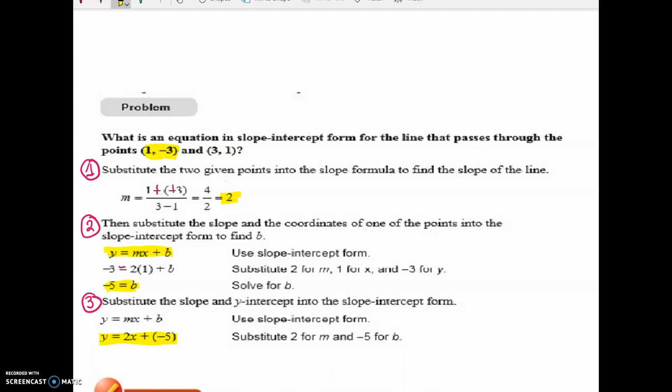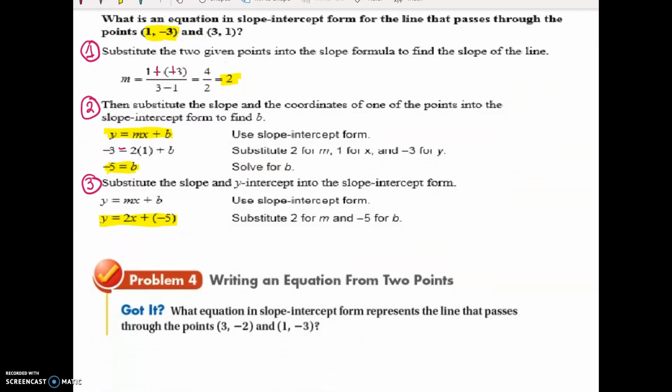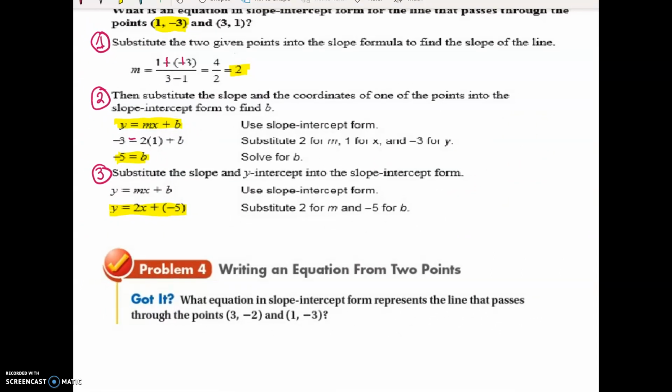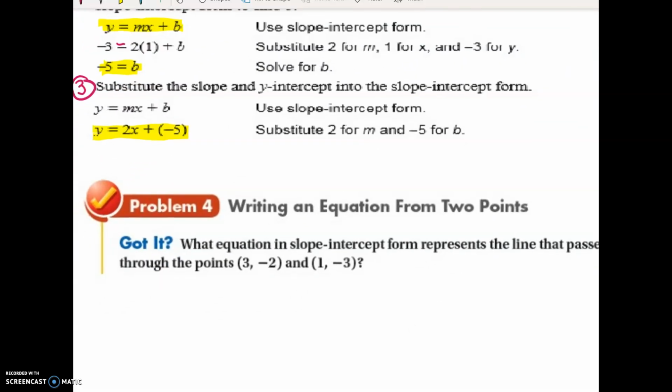I'm going to stop here because, well, let's see if I can go. I've got a couple minutes left, so let's go ahead. This is our last problem for the day, and we're just going to follow those steps above. I think that we can do this. We're going to first find our slope for the 2 points that are given here.